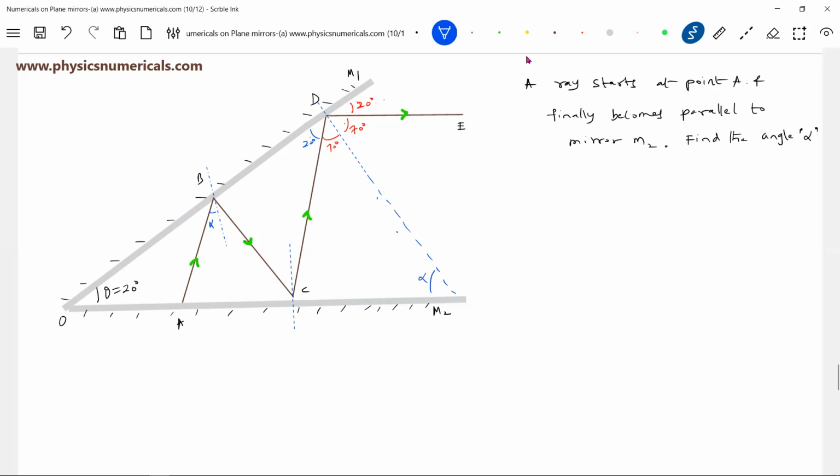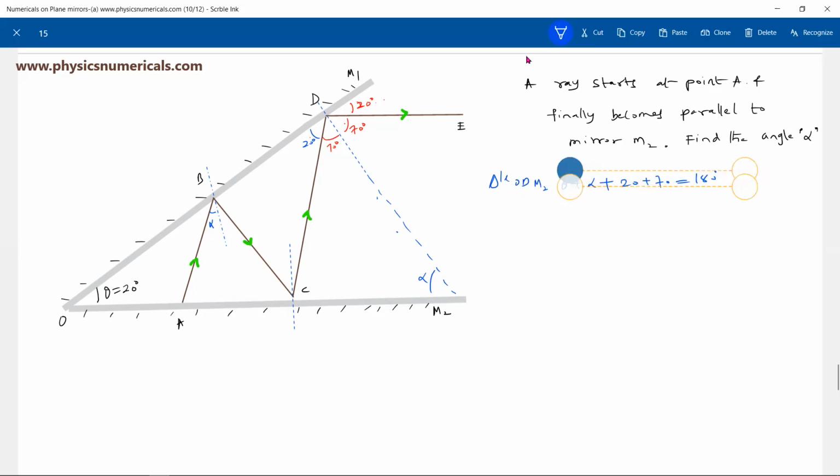So here, what is the condition? Theta plus alpha plus 20 plus 70 should be equal to 180. The reason for that, ODM2 will become a triangle. They will make a triangle.